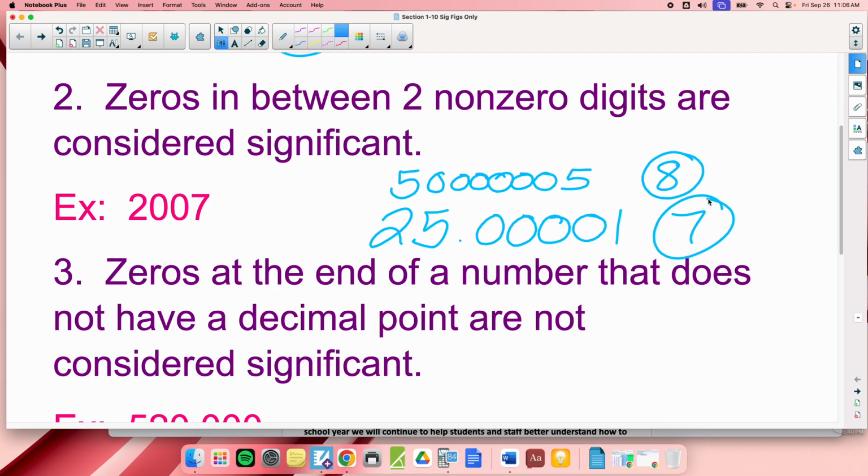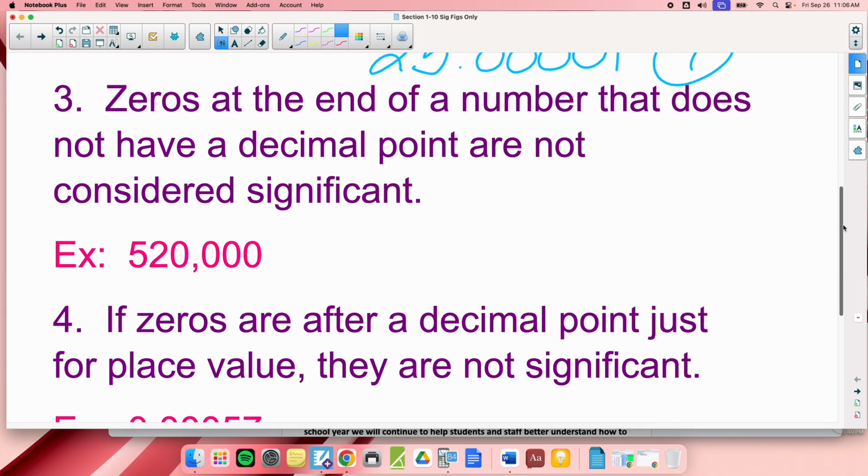All right? Now, the next one talks about times when we have numbers that are rounded. Like this problem might have said, round to the nearest 10,000, a number. This might be population or something like that, okay? When you have zeros in a number that are there just for place value, just to make that number big, these zeros are not significant, okay?